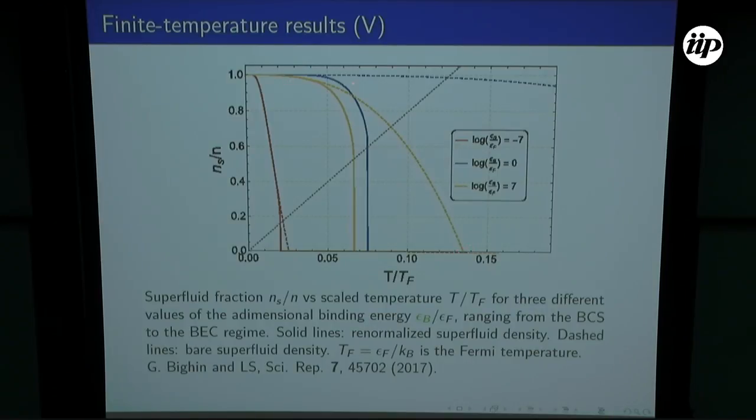But if you consider the renormalized one, the yellow solid one, you will see that here it jumps to 0. And obviously, the temperature is quite different. This is usually called, well, you can call it as you want, T star, and this is T Berezinskii-Kosterlitz-Thouless. So in this way, you are able to get the Berezinskii-Kosterlitz-Thouless critical temperature.